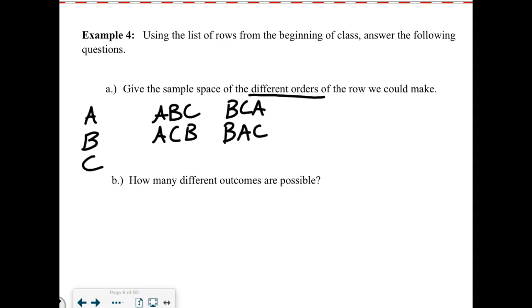So the other 2 options, but B is the first runner up. A, B, or B, A. Looking at that list, are there any others? We could have A, B, and C in order. So how many do we have total? 6.